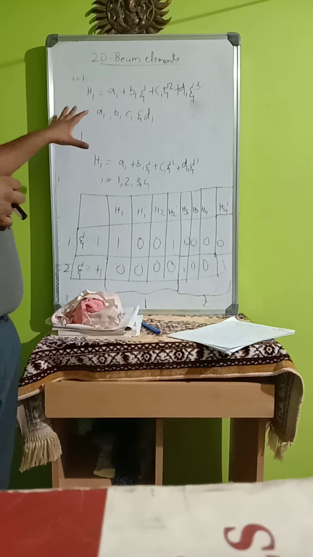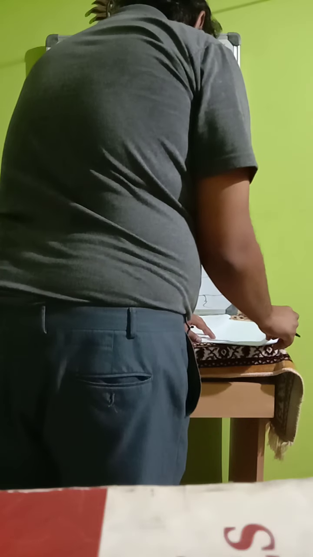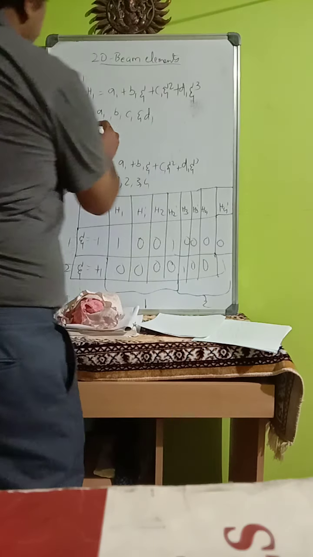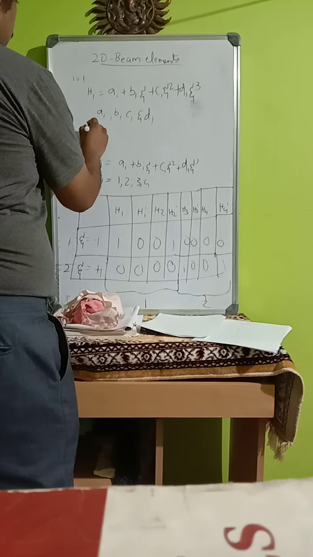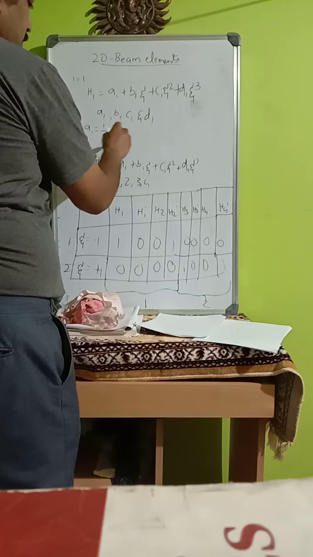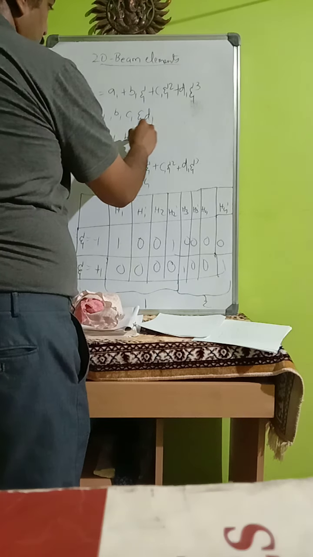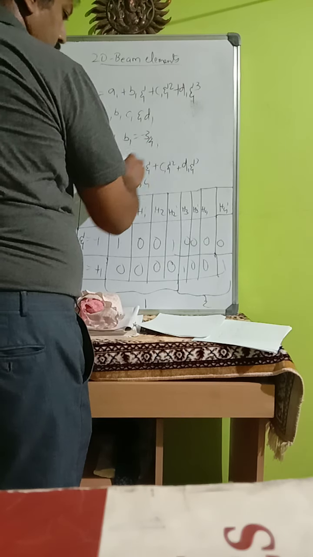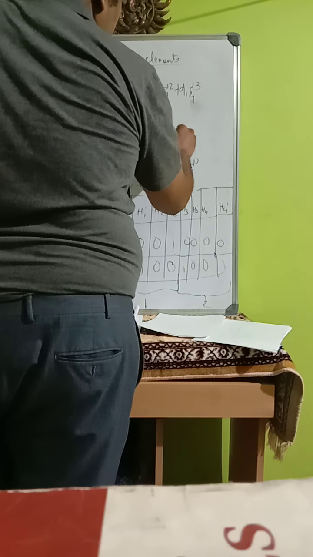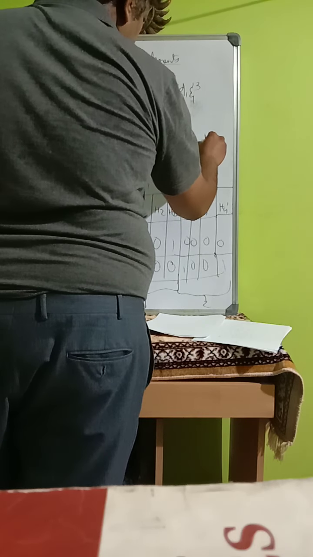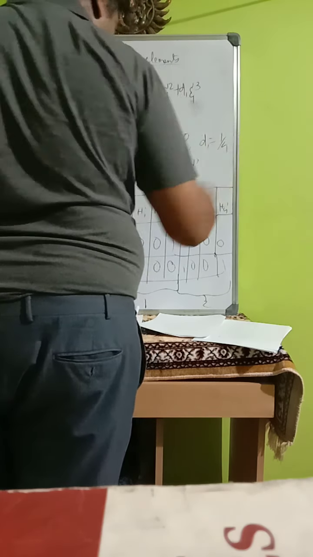So we are going to get a1 equal to half, b1 equal to minus 3 by 4, c1 equal to 0, and d1 equal to 1 by 4.